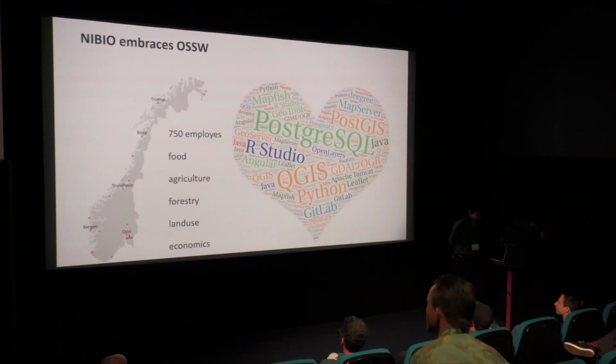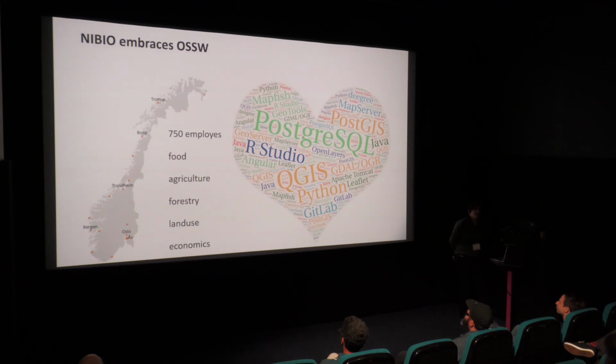At NIBIO, we conduct research and supply knowledge about food, plant production, the environment, maps, land use, gene resources, forestry, and economics. We are around 750 employees spread across 15 locations from north to south, with Ås as our head office, just outside Oslo.